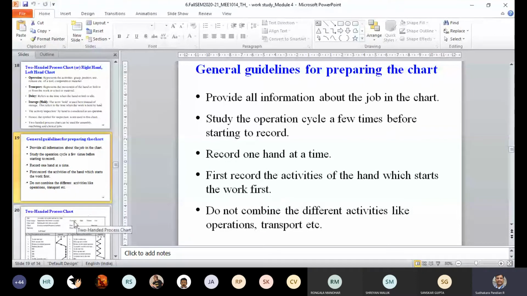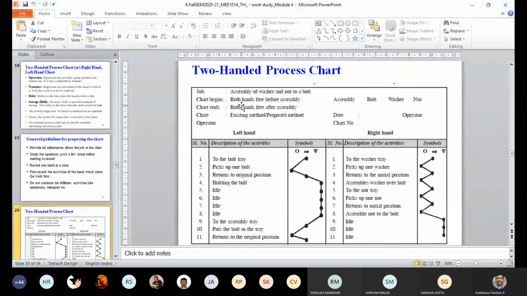For example, you can take the assembly of a washer and nut to a bolt. So it's a simple activity for your hand. You have several trays: in one tray you have bolts, in one tray you have nuts, in one tray you have washers, and another empty tray, in which you have to put the finished, that means assembled, product.